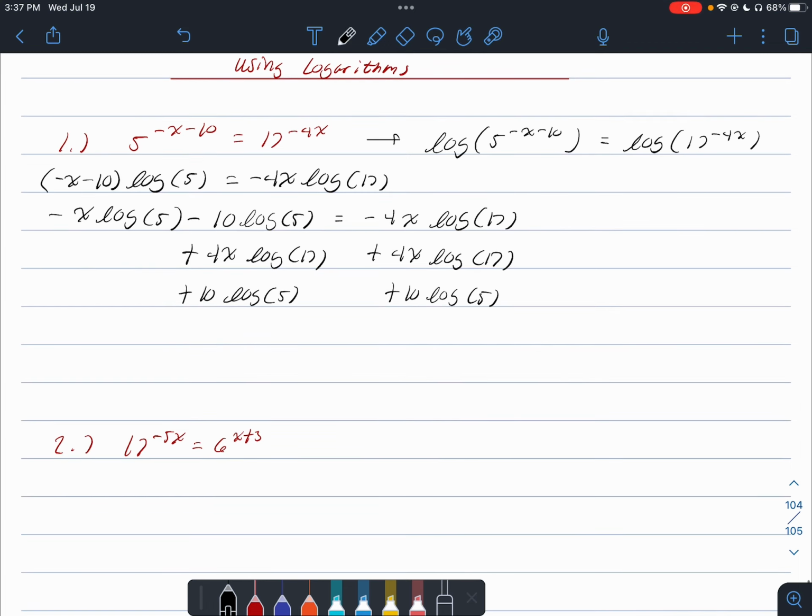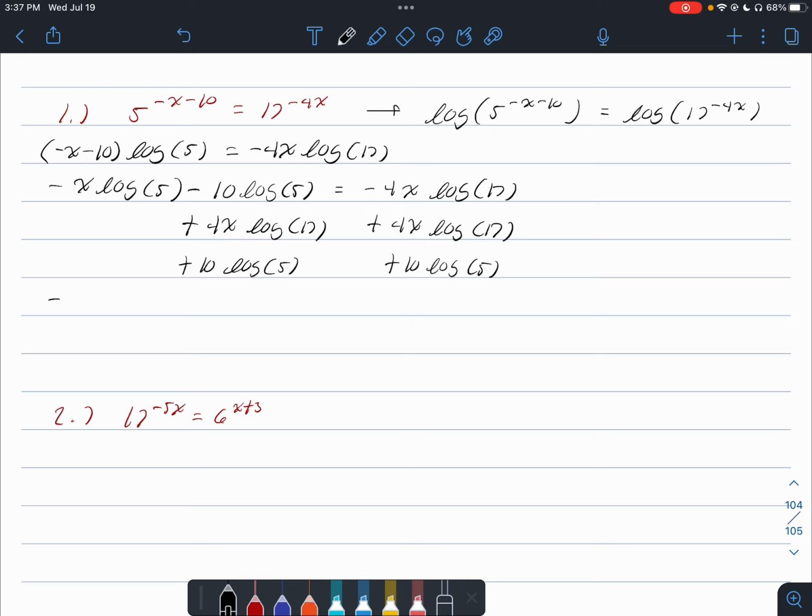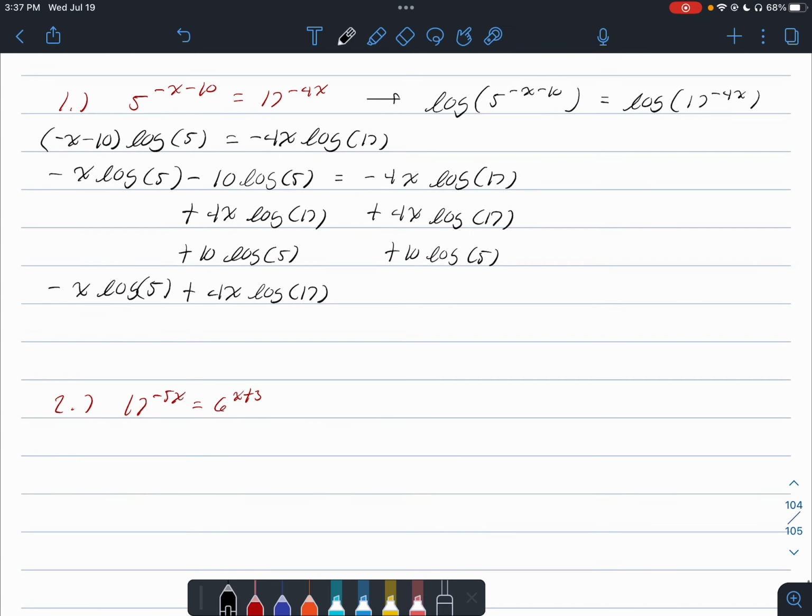And that'll cancel a few things out. And now we're going to end up with negative x log 5 plus 4x log 17, and this is going to be equal to 10 log 5.